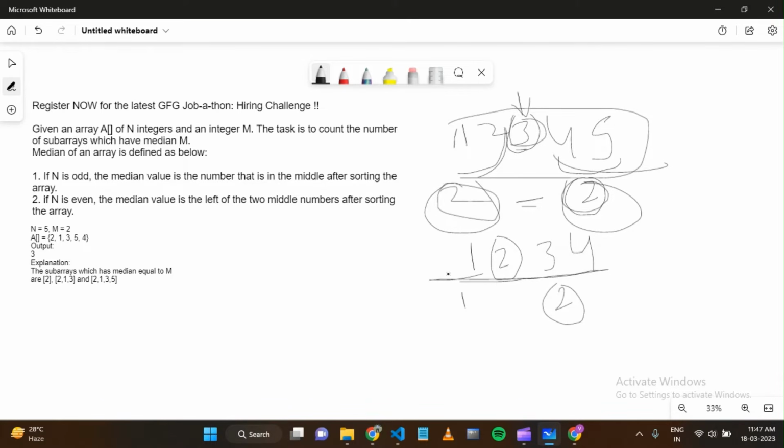The number of elements greater than 2 is 2, and the number of elements less than 2 is 1. We can have the median where the number of elements greater than that element is 1 more than the left. If we have a count of 2 here and a count of 1 here, then the median will be 2.